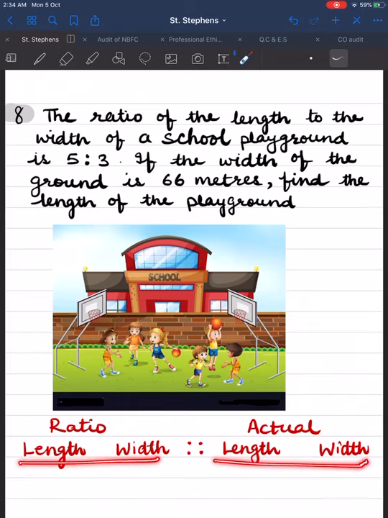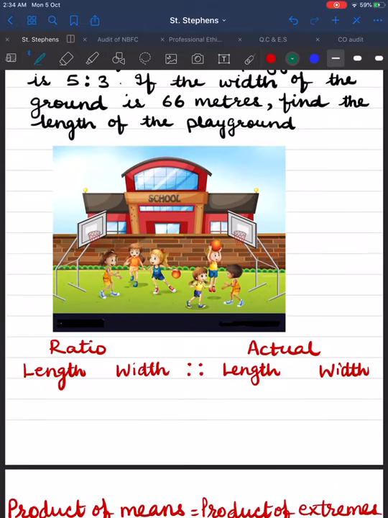So let's write. So length ratio width is 5:3. And we have to find out actual length. So let's suppose it is x meters. And actual width is 66 meters. So 5:3 is proportion to x ratio 66.